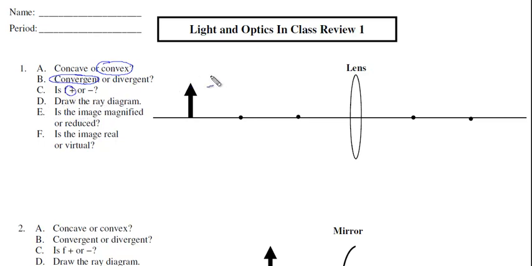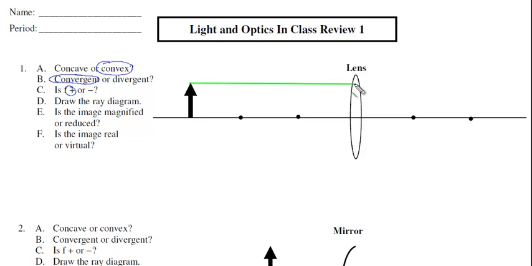And for the fourth one here, it asks us to go ahead and draw the ray diagram. So let's go ahead and do that. So we'll take it through here. And remember, when we start drawing these ray diagrams, we start at the top of the object and we go parallel with that principal axis, which is the solid line coming through the middle.